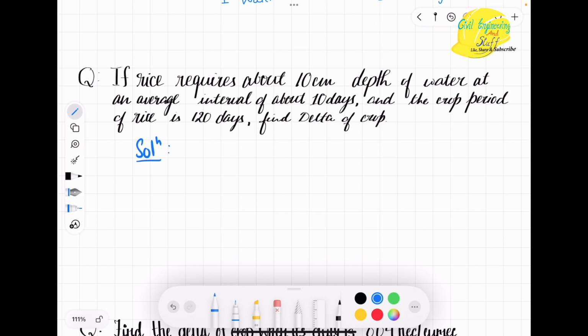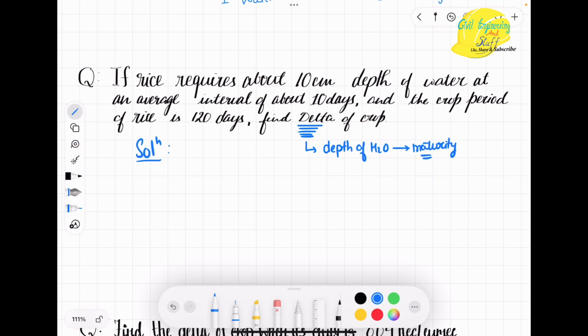Now you see, we have to find out the delta of the crop. What we have to find? We have to find out the delta of the crop. Now delta, as we have seen, is the depth of water, right? The total depth of water that will be supplied to the crop to attain its full maturity.